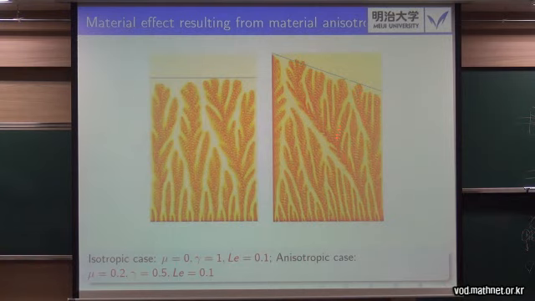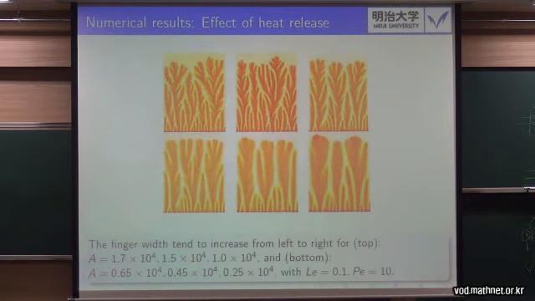Here we see that the patterns are non-uniform, but here we have uniform patterns. So again, suppose we suppress the effect of heat release by controlling the pre-exponential factor. We see that it has an effect on the thickness of the fingers.